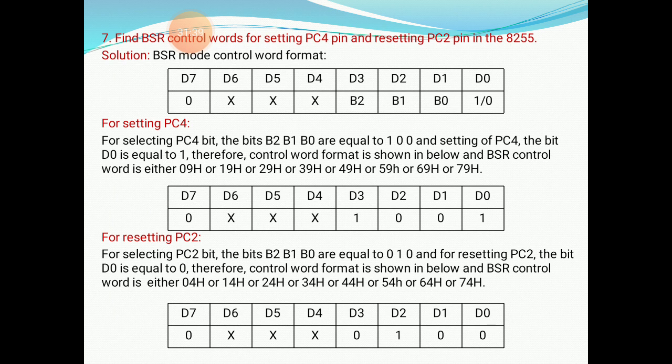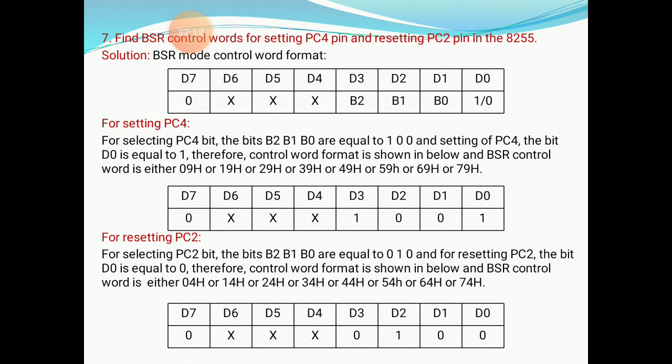Now consider setting the PC4 bit. First select the PC4 bit by using B2, B1, B0. These 3 bits become 1, 0, 0, used for selection of the PC4 bit. After selecting the PC4 bit, you set the PC4 bit by using the D0 bit. Now the D0 bit becomes 1. So the control word format for setting PC4 is represented as 0xxx1001.